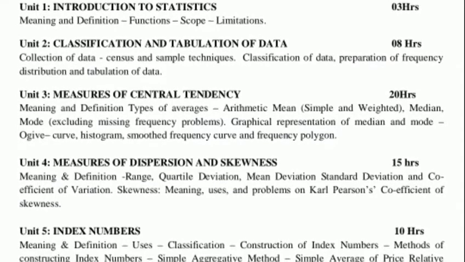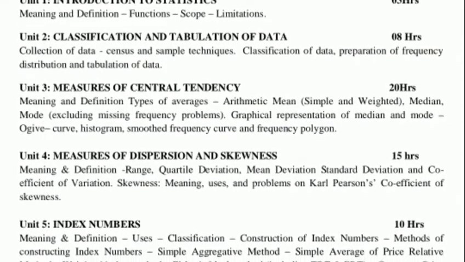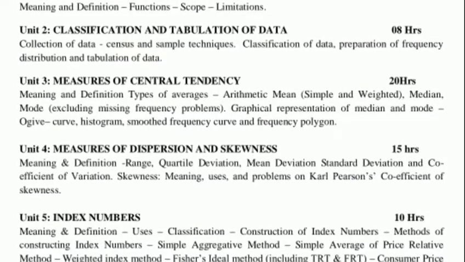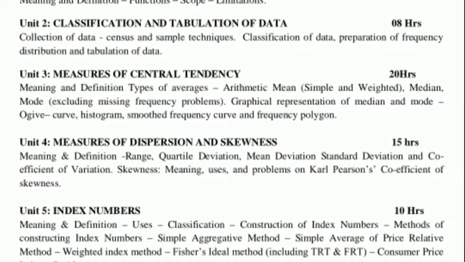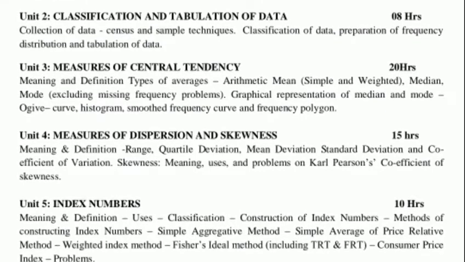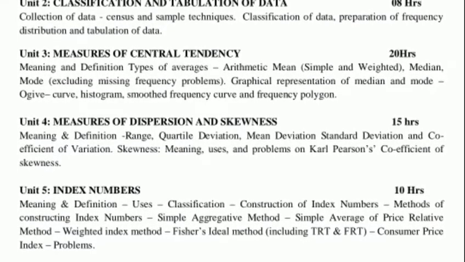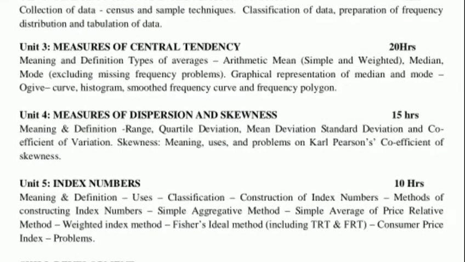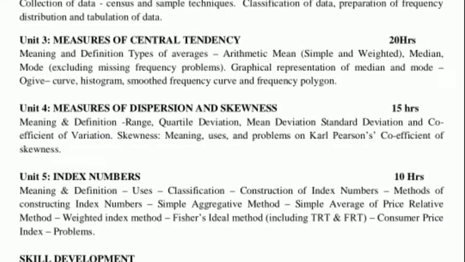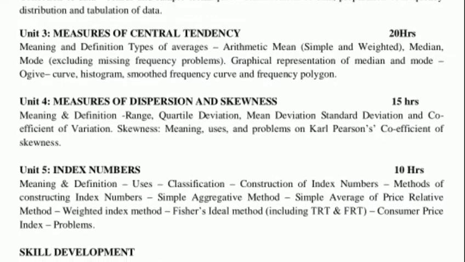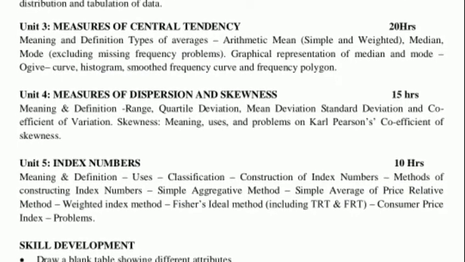Unit 3, Measures of Central Tendency, Meaning and Definition, Types of Average, Arithmetic Mean, Simple and Weighted, Median, Mode, Graphical Representation of Median and Mode, Ogive Curve, Histogram, Smoothed Frequency Curve and Frequency Polygon.